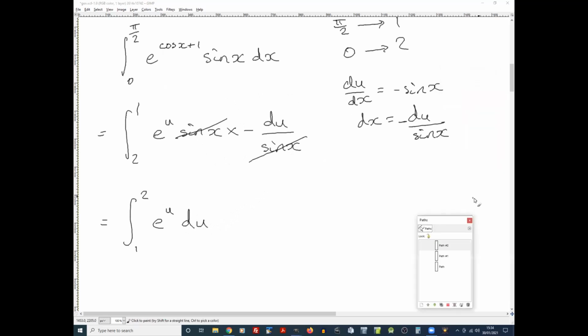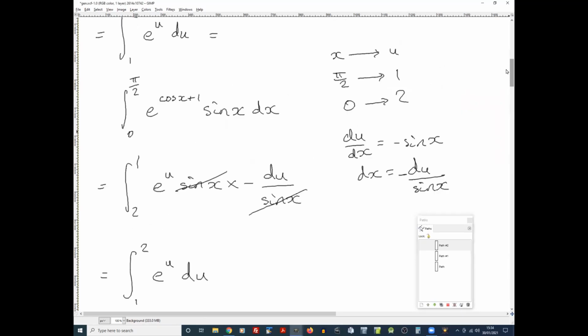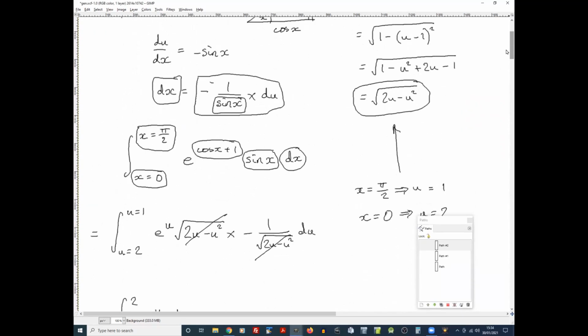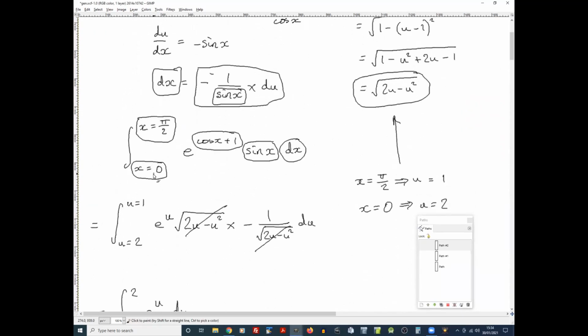Not much shorter. Okay, so don't be afraid of being meticulous in substituting for anything at all that mentions x or refers to x implicitly, like the limits there.